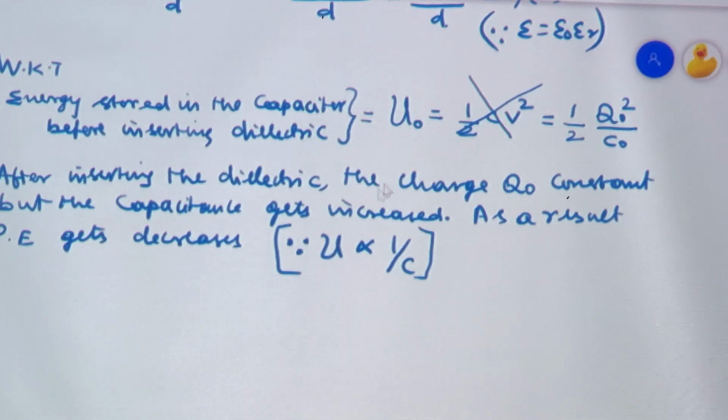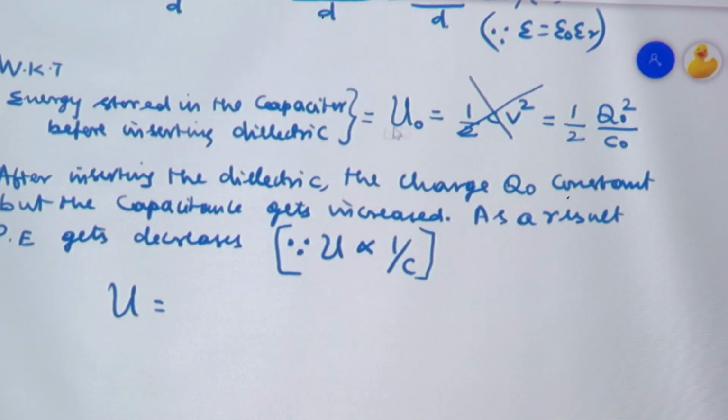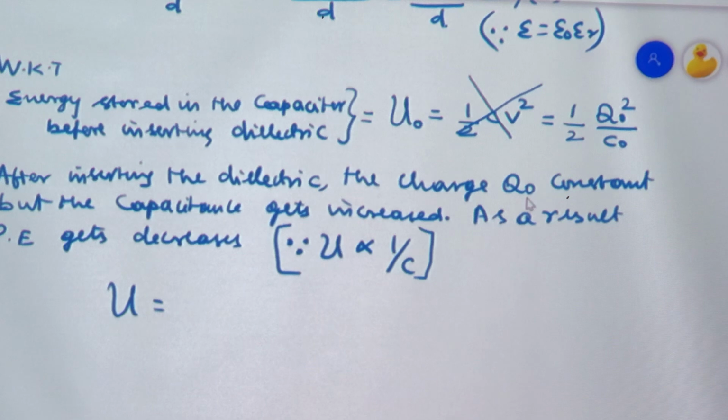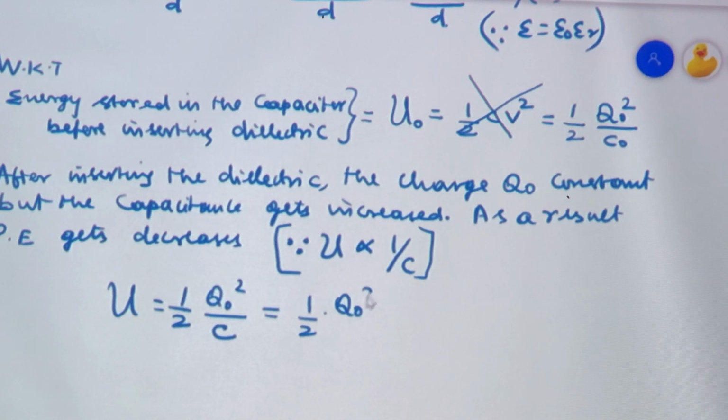We can prove this. U0 is before inserting, U is after inserting the dielectric. How will the formula change? Half into Q0 square divided by, instead of C0, after introducing we will be getting C, which is again equal to half into Q0 square divided by, instead of C I can write C0 into epsilon R.